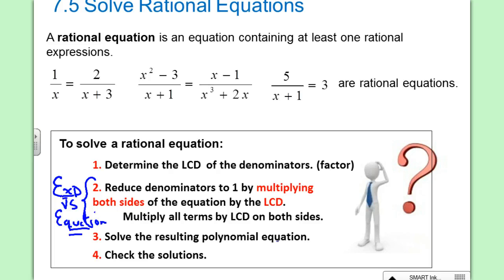We are not making equivalent fractions. We're not making the denominator common. We are using the common denominator to blow up all the denominators. That's the difference with equations, and hopefully that'll be really clear as we go through this.